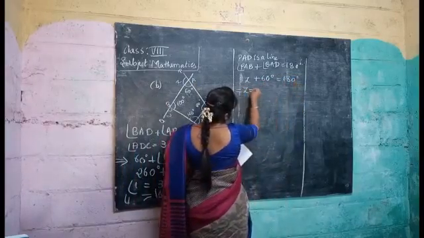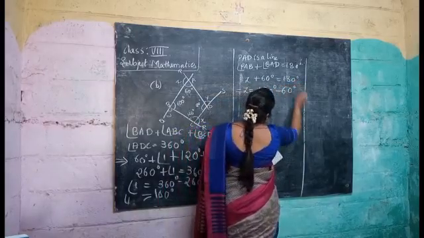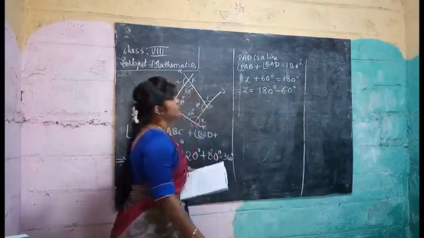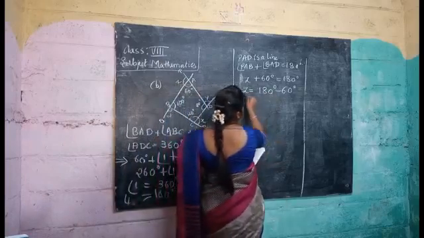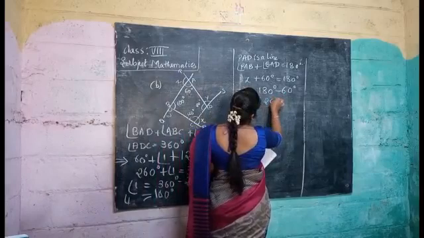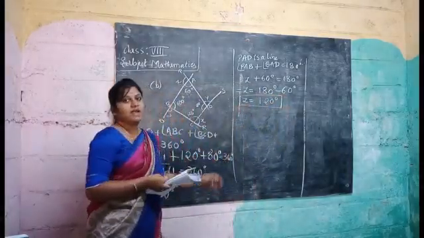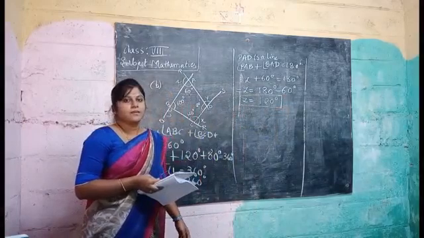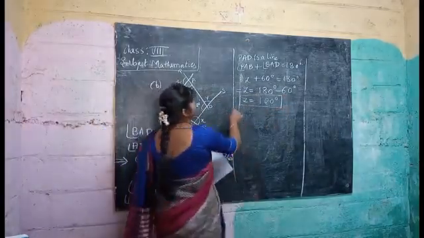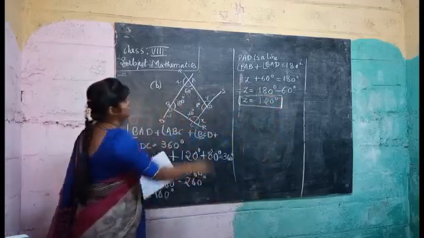Z I am taking out: 180 minus 60 degrees. If you subtract 60 from 180, what do we get? We get 120. Z we got. Now angle 1 we got, Z we got. Like this we have to find the rest. First we got Z, and we'll move on to the next one.